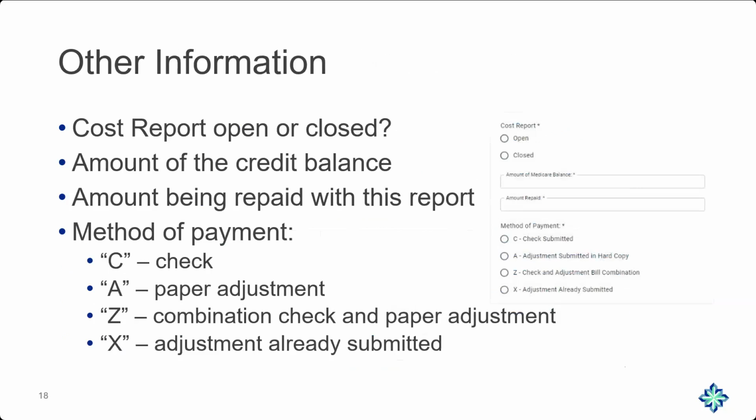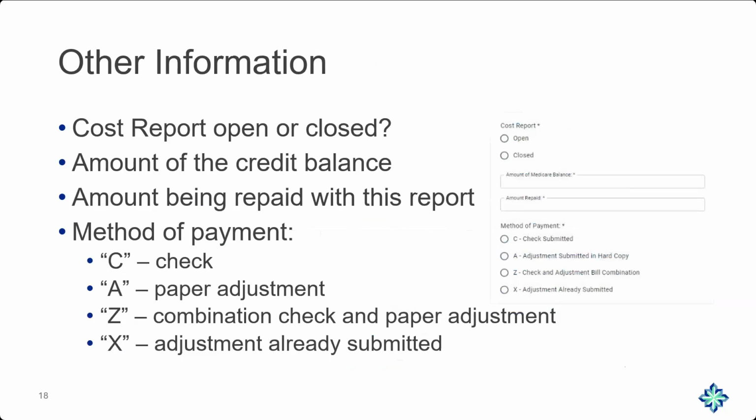Other items that are required, you see here, you're going to select whether the cost reporting period is open or closed. And to clarify, an open cost report is one where a Notice of Program Reimbursement, or NPR, has not yet been issued.